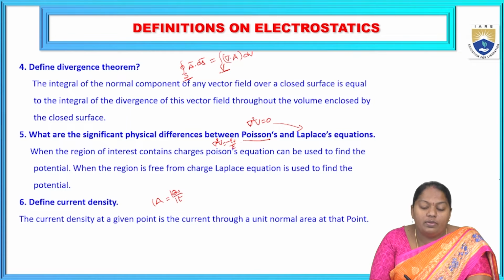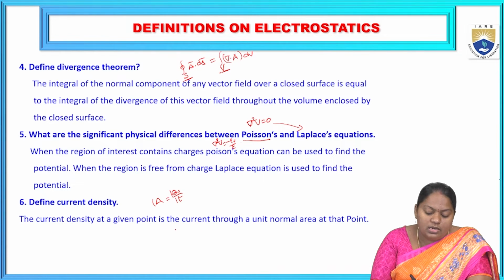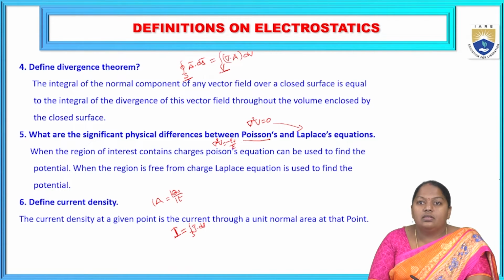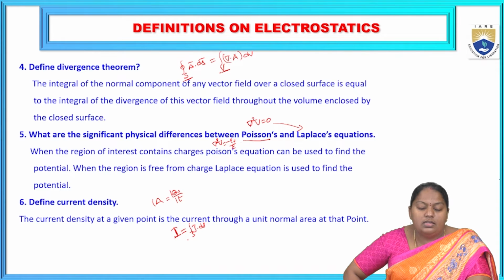Current density is current per unit normal area, generally denoted with J. Current in terms of current densities is given by I is equal to integral S J dot ds, where J is the current density.